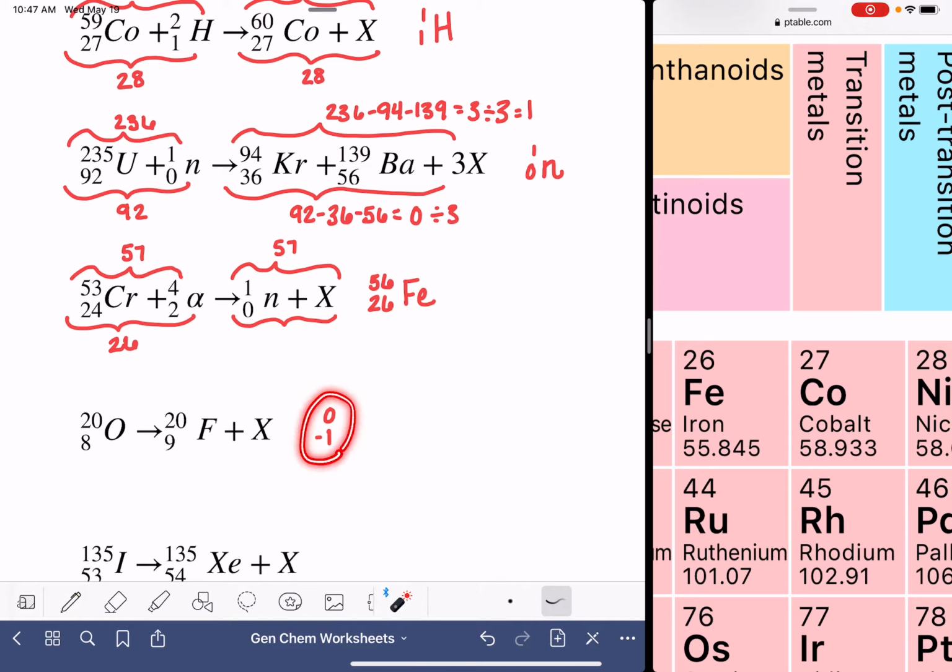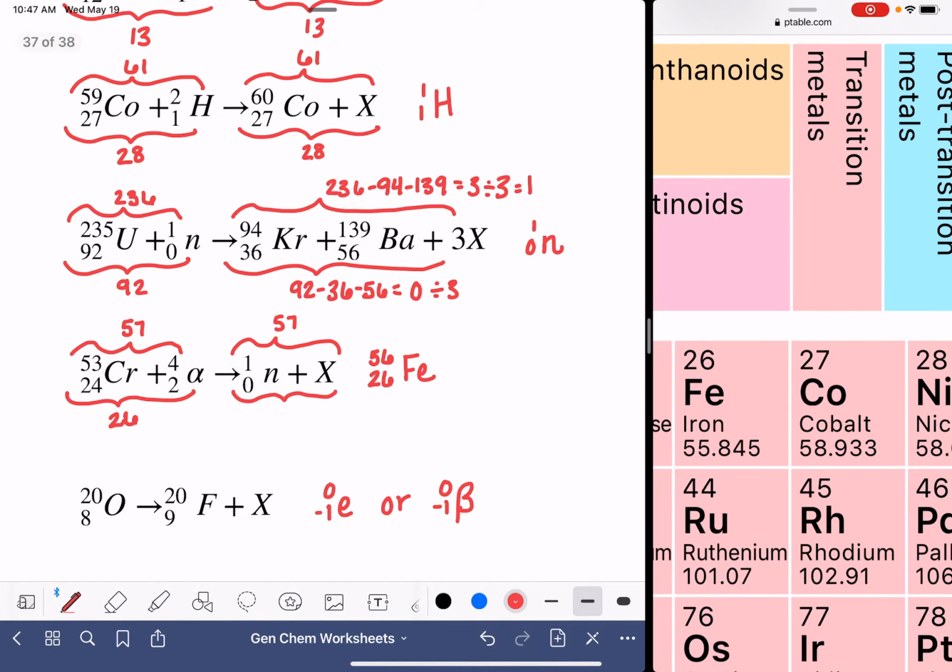This is not an atom because you can't have negative protons in an atom. This is a particle, and this is an electron. It's also referred to as a beta particle, so you could also see it written like that. And while we're on track of other ways that we can write these, up here, the hydrogen atom could also be written as just a proton.